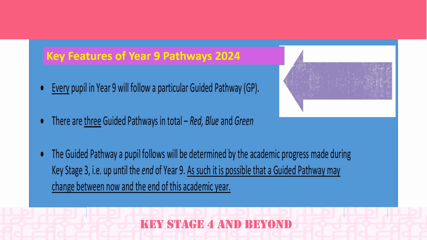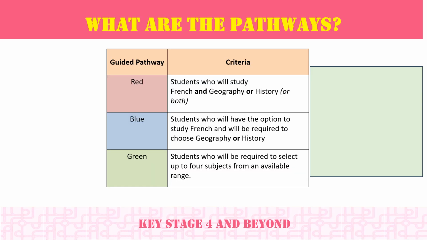The guided pathway that you will follow is determined by the academic progress made during the whole of Key Stage 3, so right up until the end of Year 9. So as such, it's possible that a guided pathway could change between now and the end of this academic year.